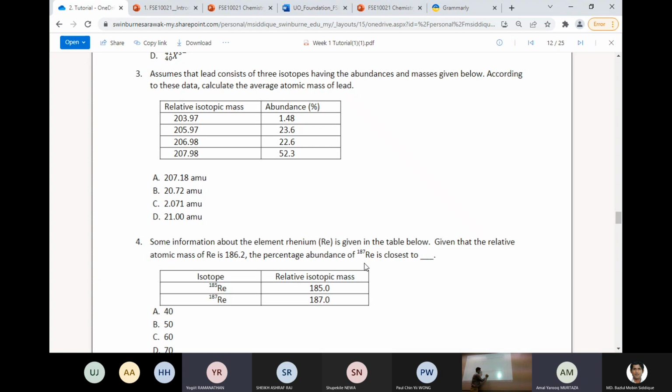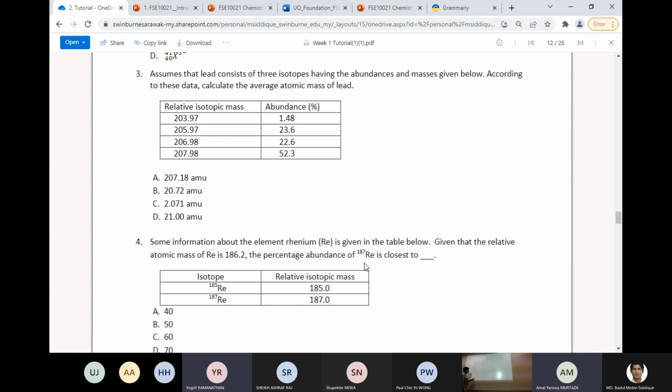It will be 1 minus X, right? If one is X, the other should be unity minus X. So in this way we can find the percentage, using the same method as for the percentage abundance.